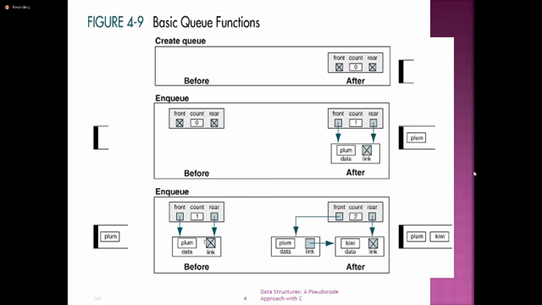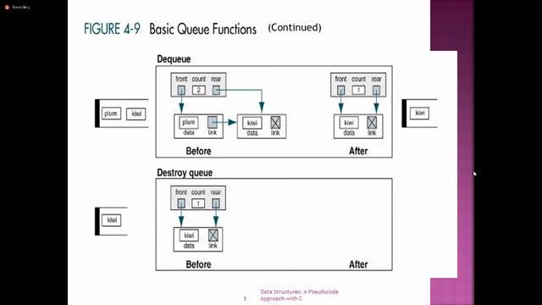After enqueuing the next node, there will be 2 nodes in the queue, and count will get incremented by 1. If we dequeue, that is removing an element from the queue, then earlier we had 2 elements in the queue. After removing that, only 1 element will remain in the queue. Then count will get value 1.